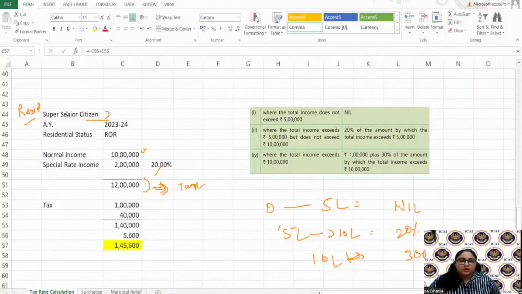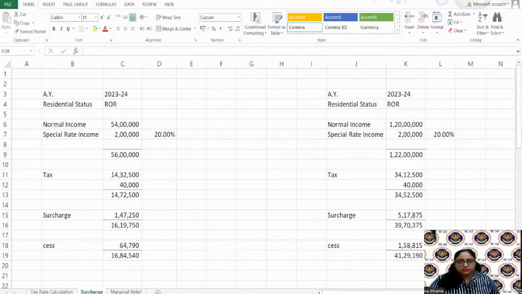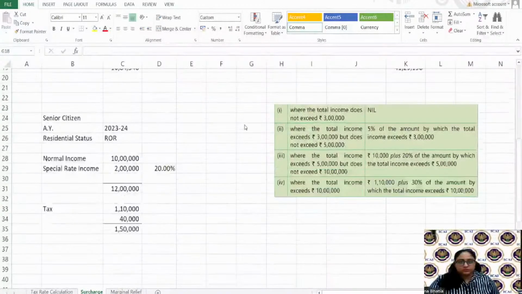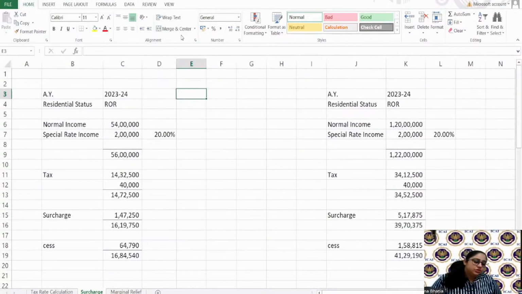Clear? Now let's go to the new concept altogether. Surcharge. Ma'am, what is this surcharge? Now, surcharge क्या है? I will tell you a bit of history.